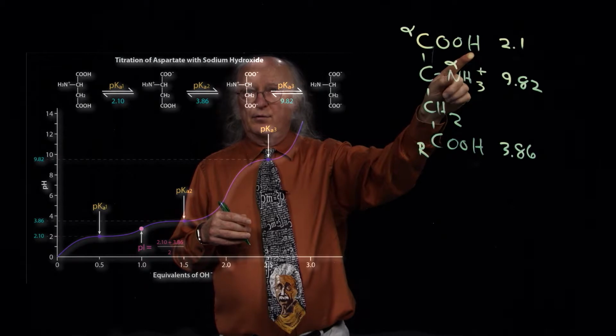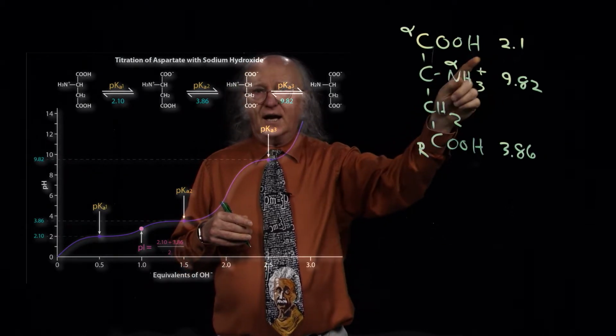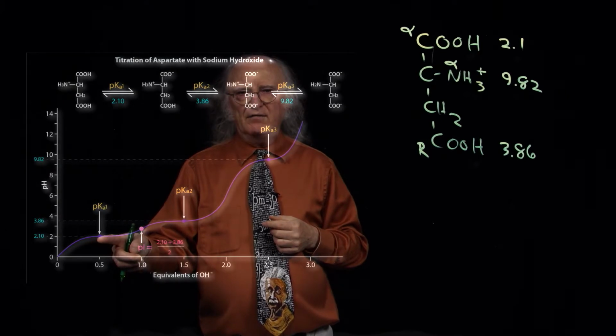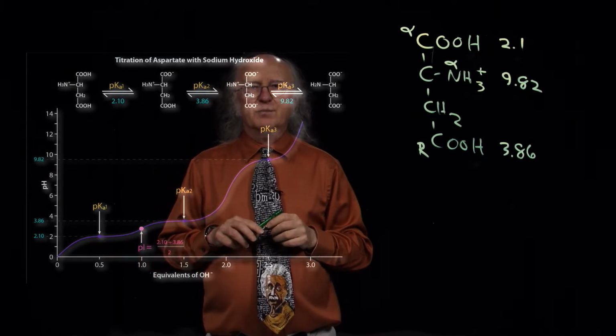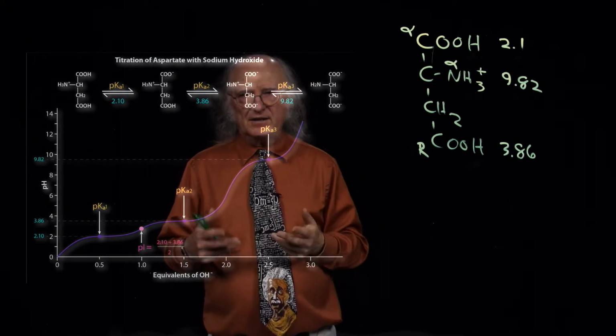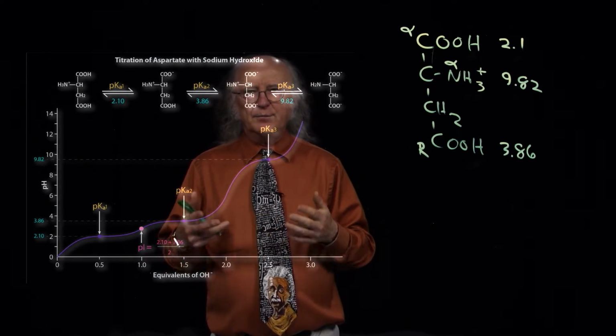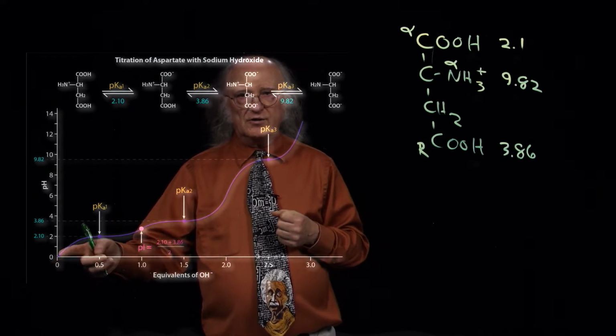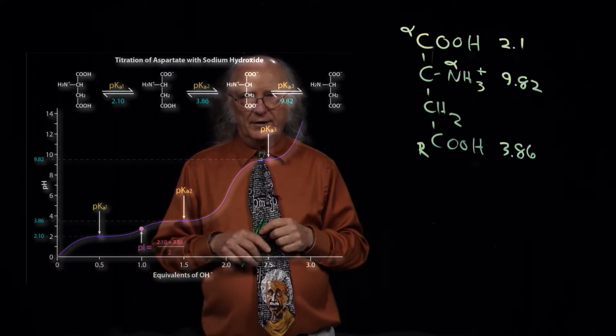Half of them are going to have the proton on, and half of them are going to have the proton off. So in the place where we have pKa values, we don't try to predict which molecule is present because we know we will always have a mix of molecules. So we only predict structures that correspond to structures outside of buffering ranges.